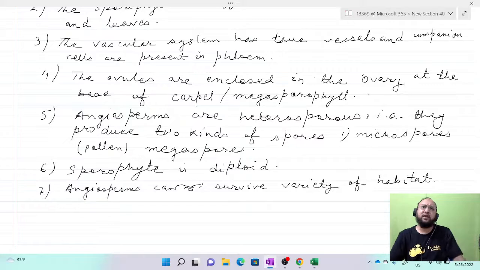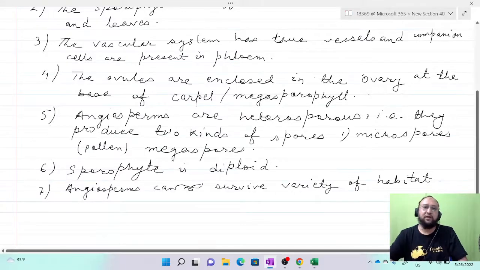So in all the different kinds of habitat, we find the angiospermic plant can survive and grow well. So they are adapted in different types of habitat.